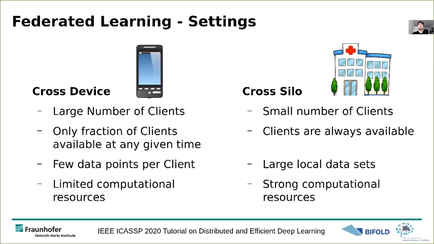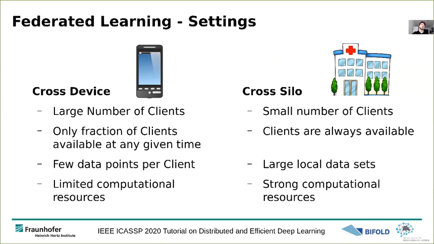The interesting thing is that it actually works: it's possible to train machine learning models to the same accuracy that you would achieve in the centralized approach, but without all of the issues related to exchanging the data directly. There are two main settings where this is applied. One is cross-device federated learning, where we're talking about IoT devices or mobile phones as the clients.